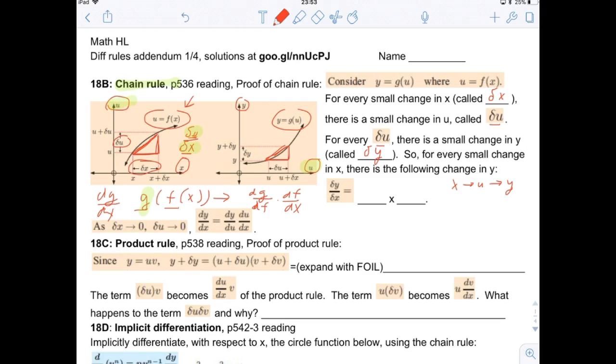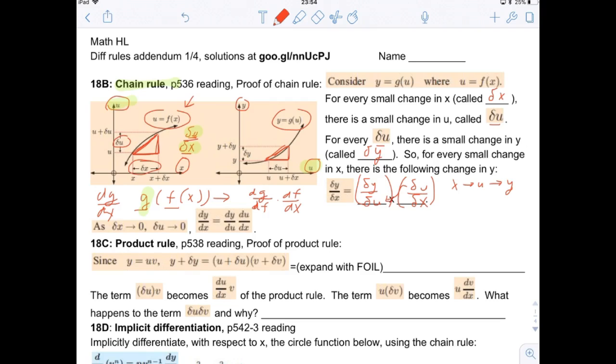So we can express that with a multiplication: change in y for every change in u, and then change in u for every change in x. Oops, I'm sorry, I started writing d's instead of deltas. Every change in x causes a small change in u, and if I multiply those two together, every change in u causes a change in y.